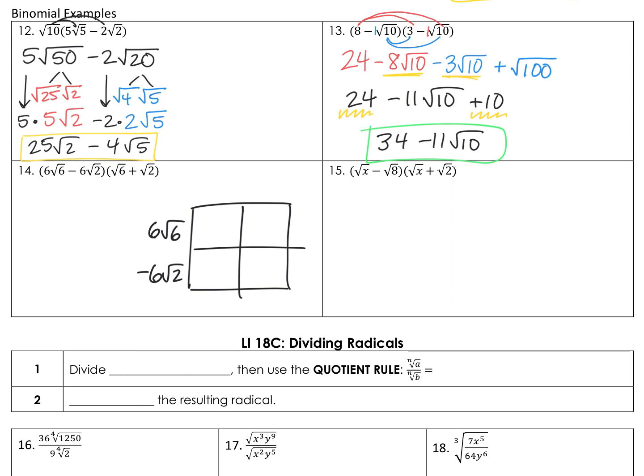That's this one that I put over here. And then the second one is up top: root 6 plus root 2. I guess we don't need the plus sign. And then multiply all your stuff.